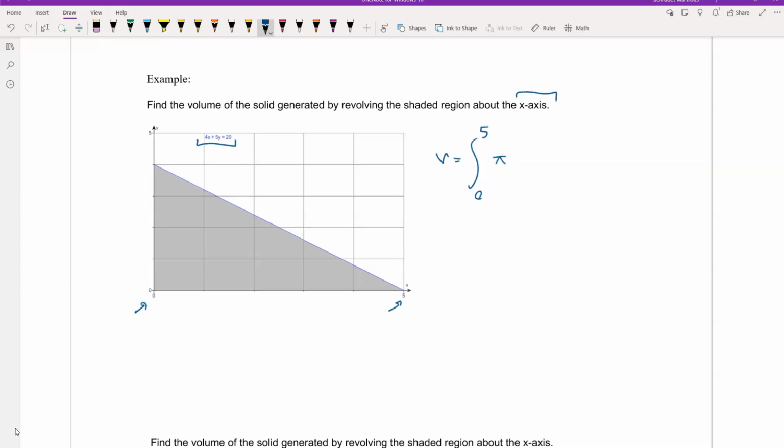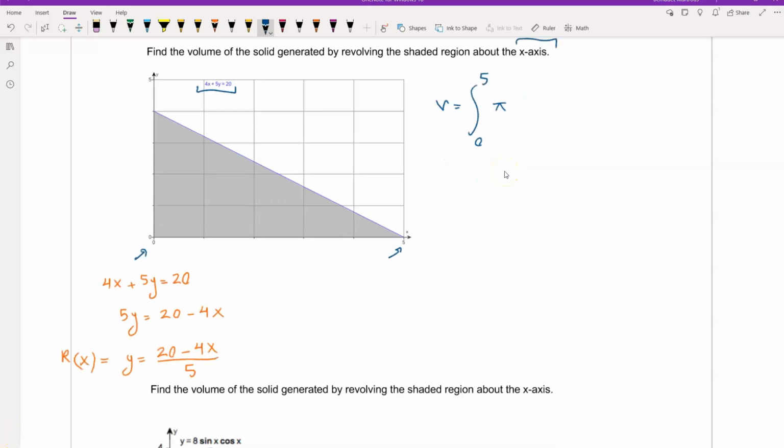And it's pi times r of x squared. So first we have to find r of x based on this line. What is given, we have 4x plus 5y equal to 20, solving for y. So 5y is equal to 20 minus 4x, isolating y, y is equal to 20 minus 4x divided by 5. So that is our r of x.